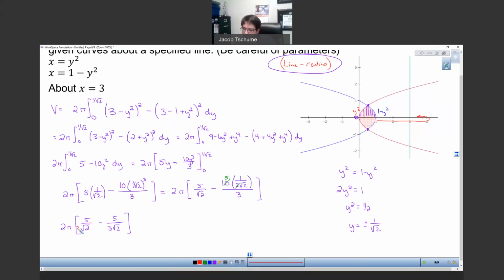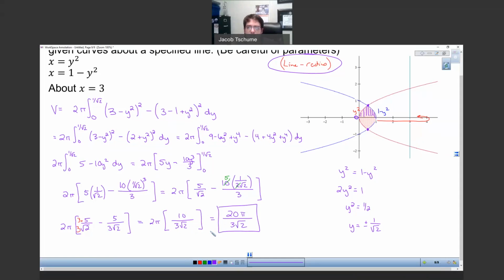If I put a 3 on the bottom of the first fraction and multiply by 3 on top, I can rewrite this as 2 pi times, with a 3 root 2 on the bottom. 3 times 5 is 15, and 15 minus 5 will give me a 10 on top. And then finally, you multiply this by 2 pi, and you get 20 pi over 3 square roots of 2. And that is the volume of that little red shape rotated around the line x equals 3.